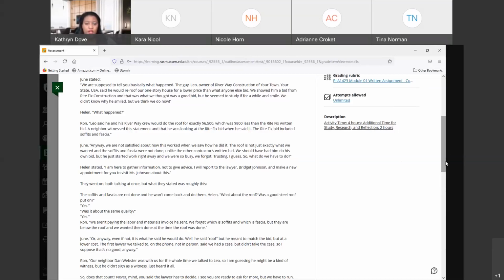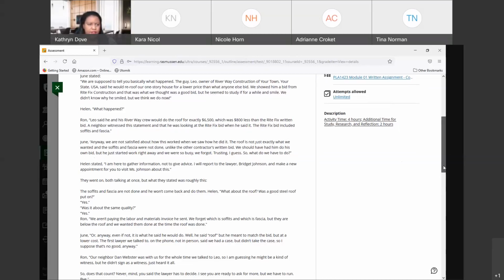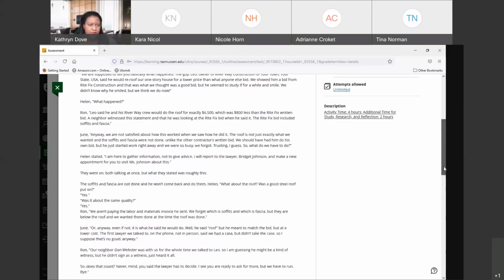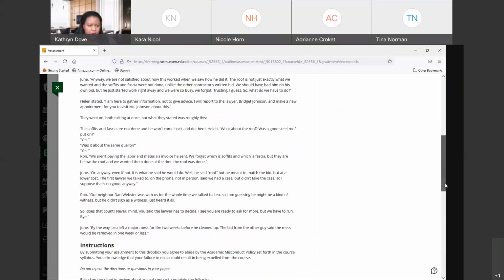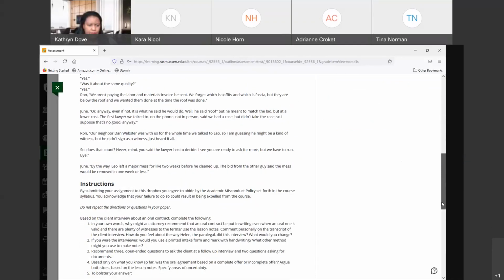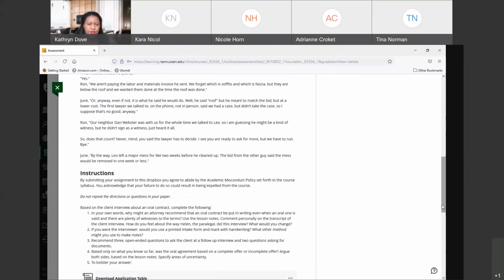the homeowners have gone to Bridget Johnson, and Bridget Johnson has them talking to her paralegal. Bridget Johnson is willing to take the case. So let's get down here to what the paralegal Helen is asking them for. "So based on, and just to let me wrap up the scenario, our neighbor Dan Webster was with us the whole time.